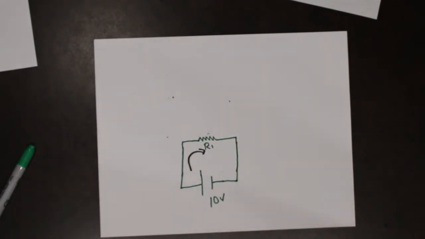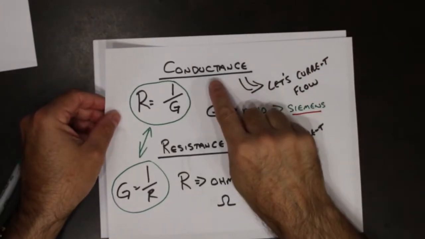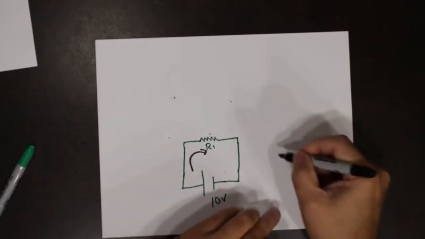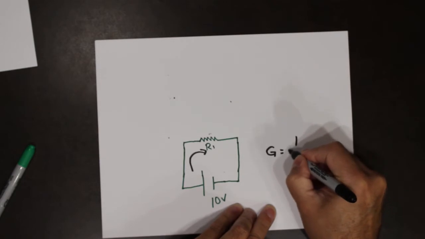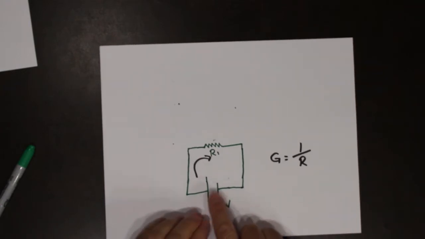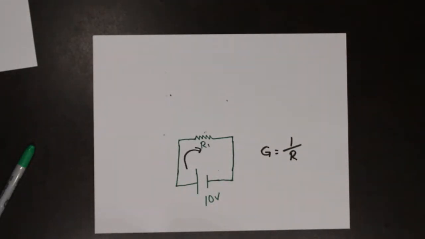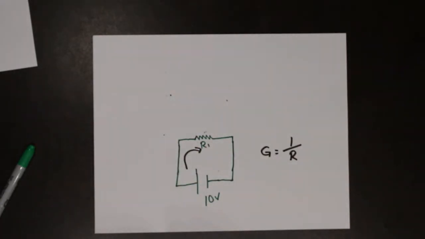So even though it has some resistance, it must also have some conductance. The total conductance of that circuit is going to be equal to 1 over R. So by having one resistor there, it resists some current flow, but therefore it also allows some current to flow.